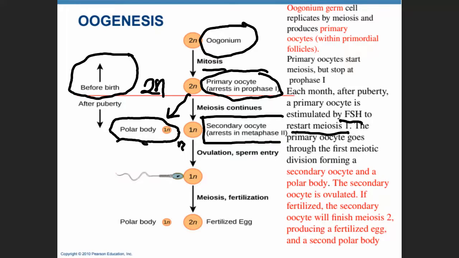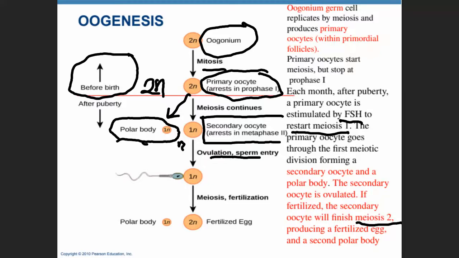This secondary oocyte will be found in the mature secondary Graafian follicle that will initiate meiosis 2, but it will stop. It will not finish meiosis 2.